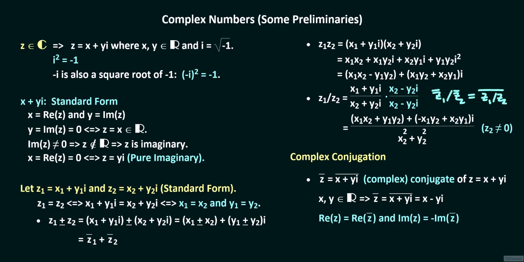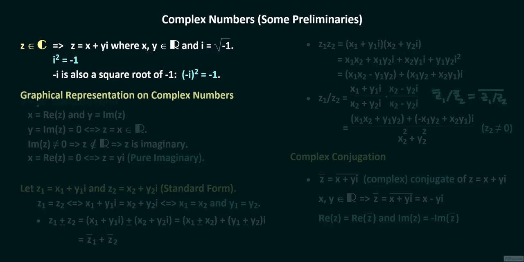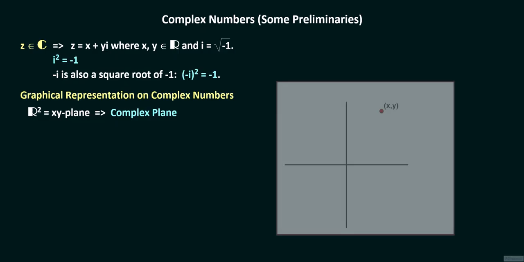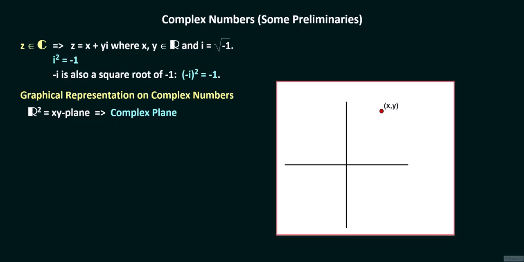We now discuss a graphical representation of complex numbers. We often use R2 or the xy plane to graph complex numbers. We identify the point (x, y) on the xy plane with the complex number x plus y times i, or z. When we say identify, we will make no distinction between the complex number x plus y times i and the point (x, y).